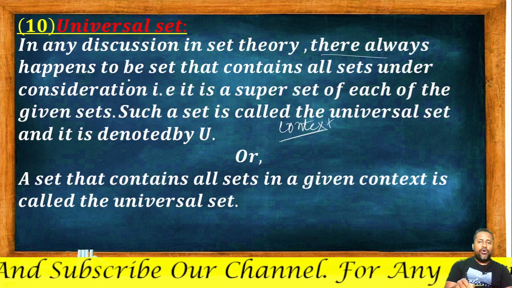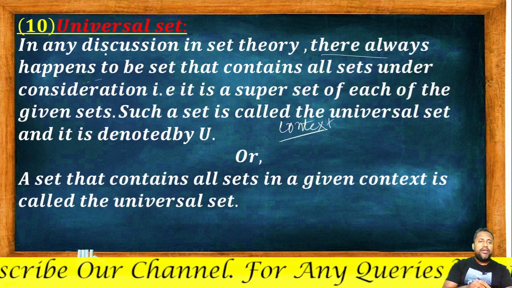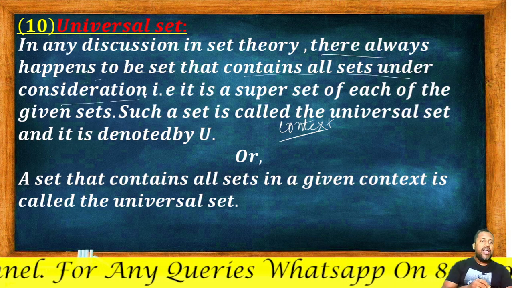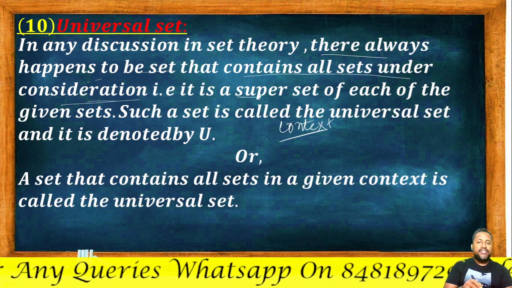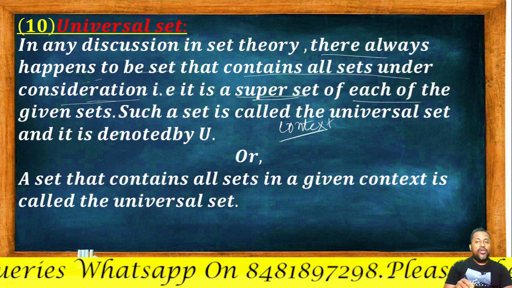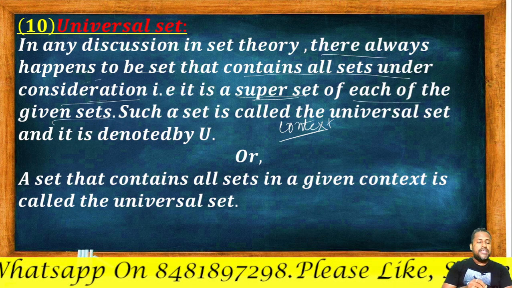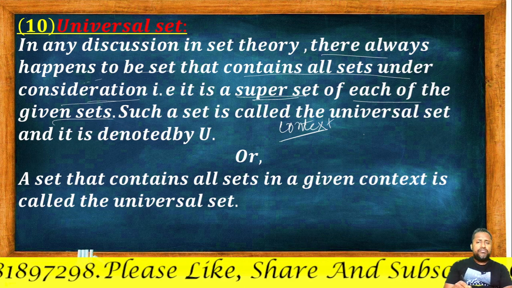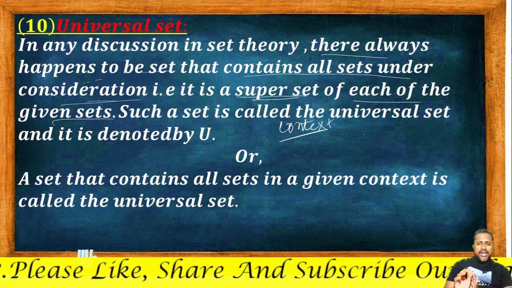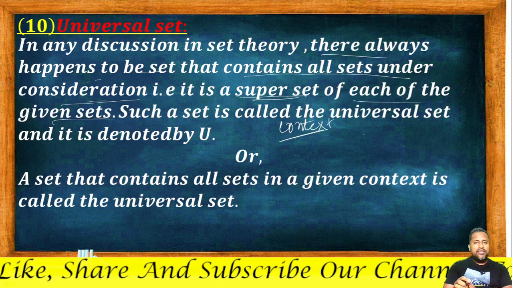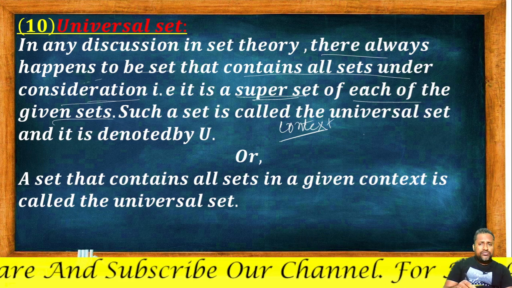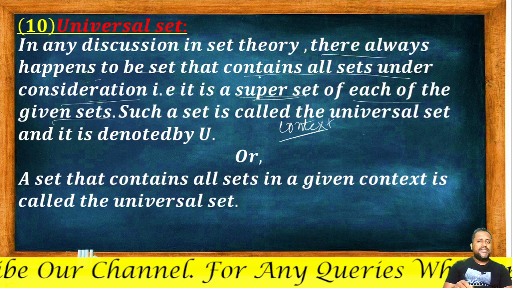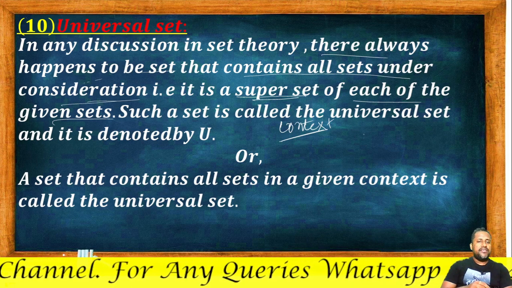There is always a set that contains all sets under consideration, that is, it is a superset of each of the given subsets. That means in any discussion, if we consider different sets of the same kind, then the superset of all these sets will be the universal set.